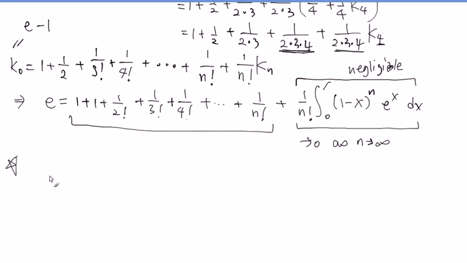Typical analysis: if you want to show something goes to 0, the best way is to put the absolute value on it and show that it goes to 0. So they usually approach it like this. We're going to consider this one, 1 over n factorial, the integral from 0 to 1 of (1 minus x) raised to the nth power, e to the x dx. We're not going to calculate this one exactly, but we're going to replace this one with a larger number.